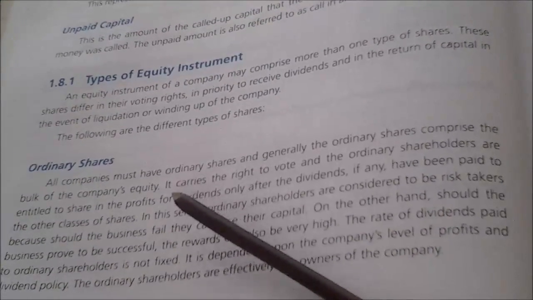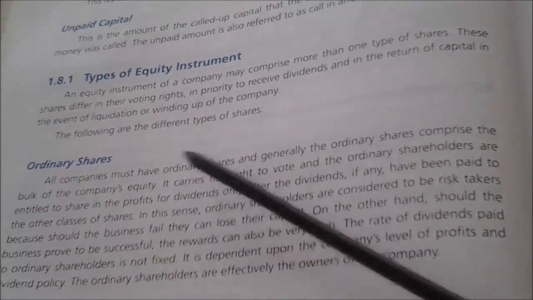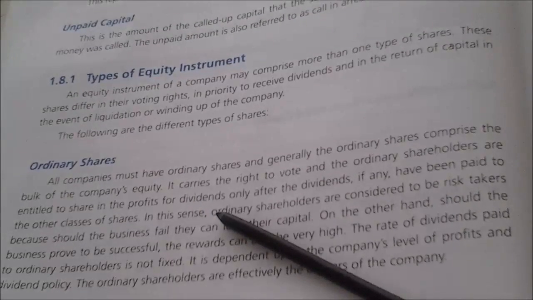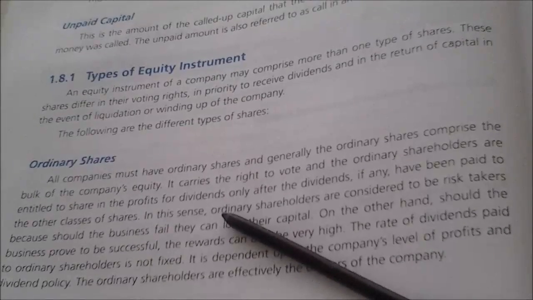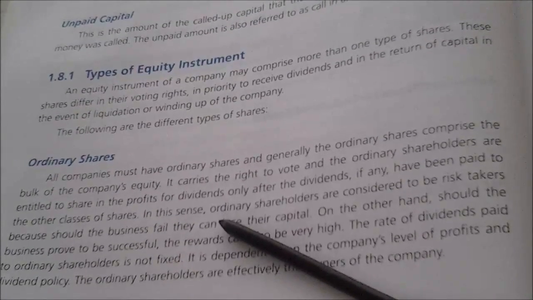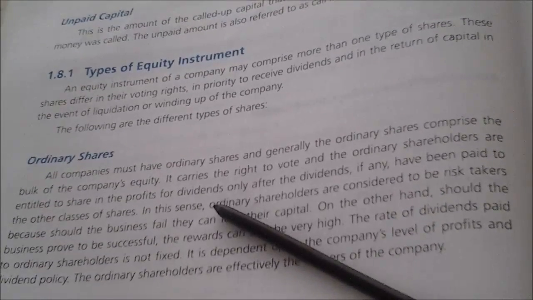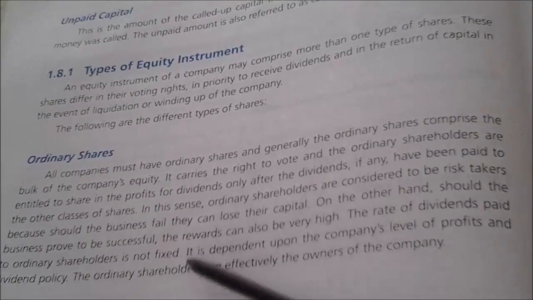That's why it is called limited liability. If you purchase shares of 10 million, your liability is up to a limit of 10 million, not more than that. So it's limited liability based on the percentage of shares that we hold.